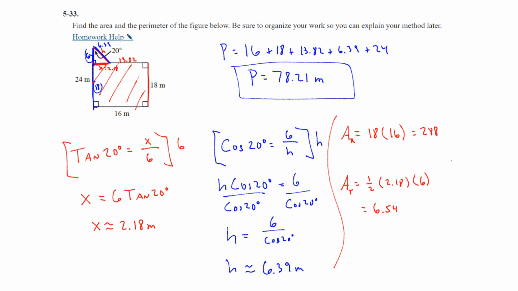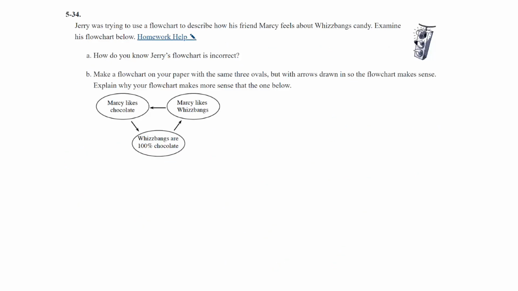So here we go. So the total area is 294.54. Now I got 5.4, and the book looks like it got 5.5, and that might just be because of the rounding. The 2.18 is a rounded answer. They might have used the exact answer. So make sure we put meters squared on the area there.